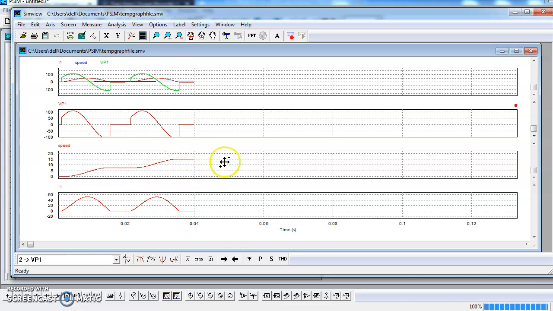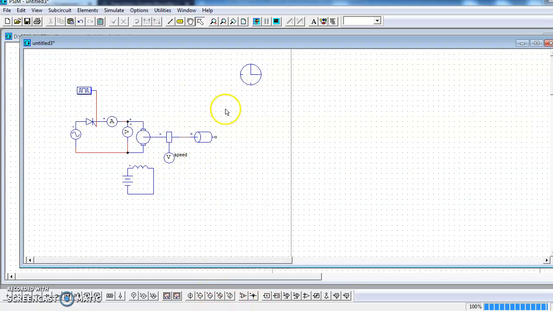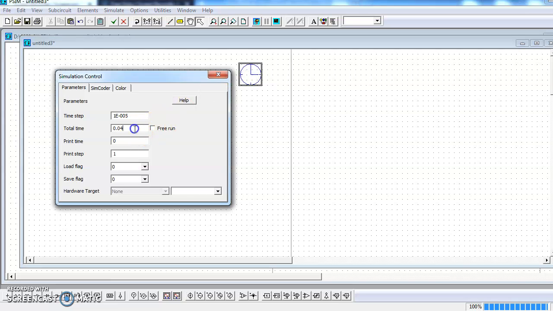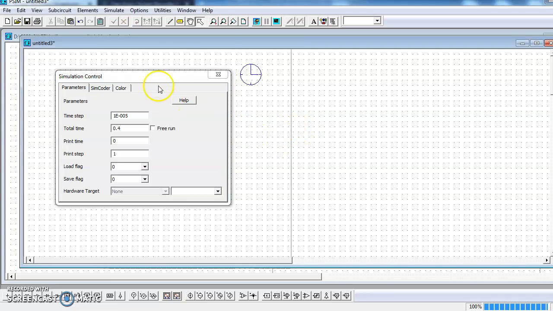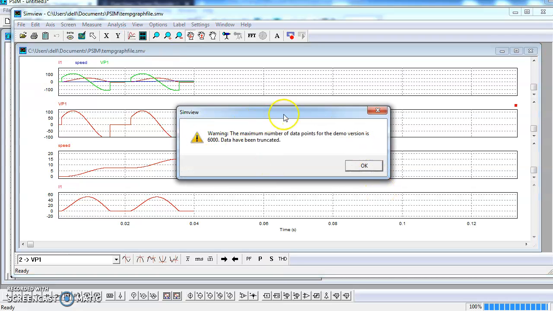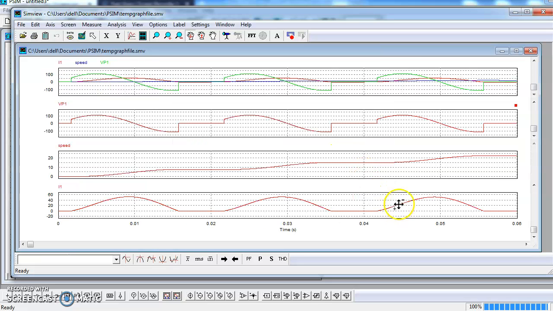Actually it will increase further, but the issue is with the simulation control: if I give more time, suppose I take 0.4 because I want to see for more time, then when I run the simulation this warning comes because I have the demo version. So for a large time we can't see it from this demo version, but I can tell you that the speed will keep increasing, and after some time it will settle down and remain constant.